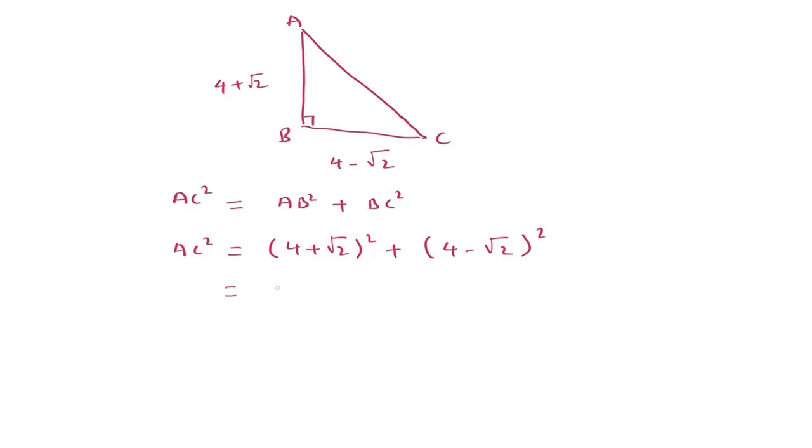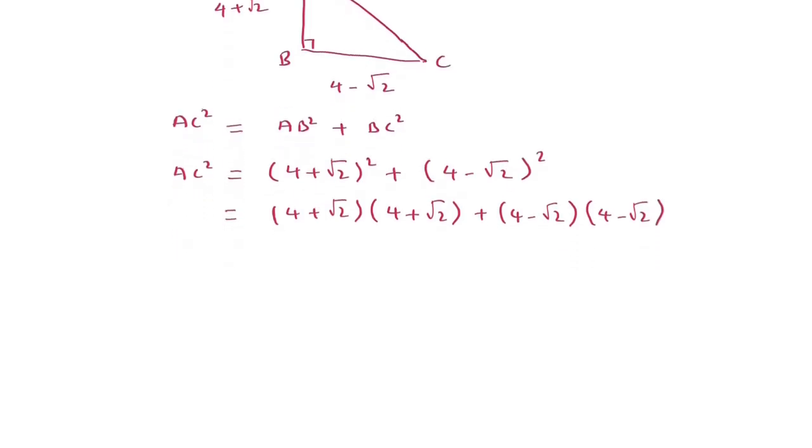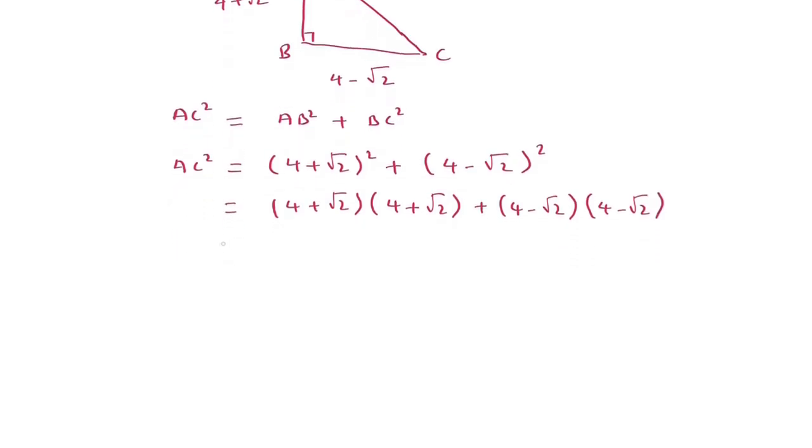Okay, so next let us expand our equation. We are having, in brackets, 4 plus root 2, in brackets, 4 plus root 2, plus, in brackets, 4 minus root 2, in brackets, 4 minus root 2. Okay, so next we are going to expand the expression.